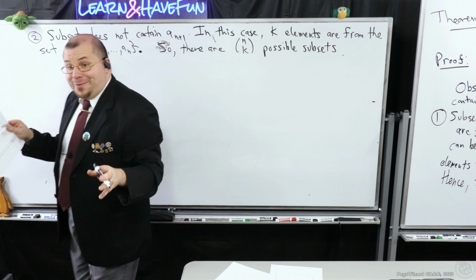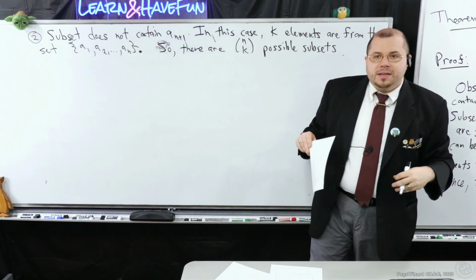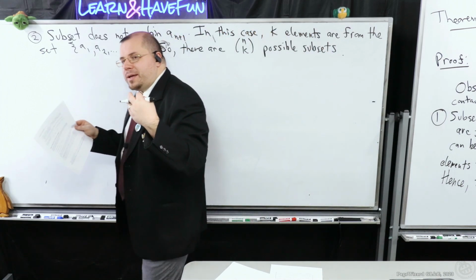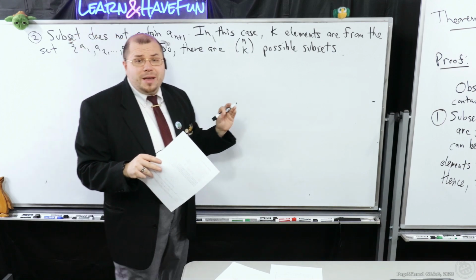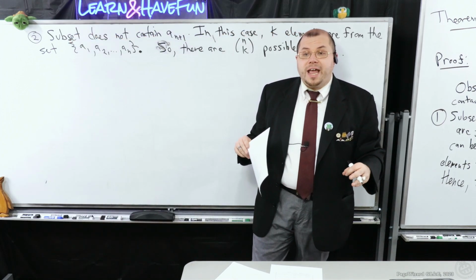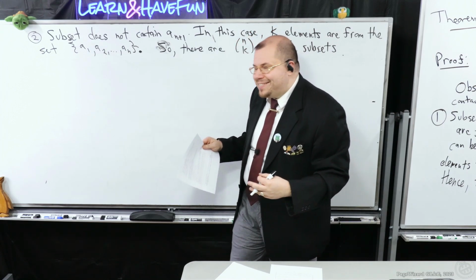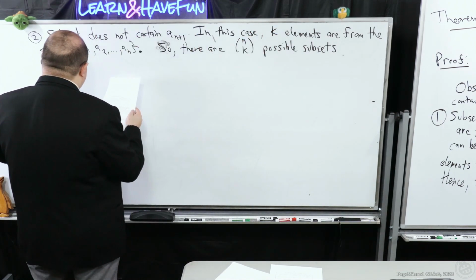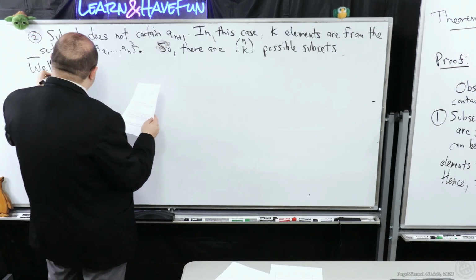Well, now, let's establish the left-hand side of Pascal's formula. Okay, we have n plus 1, gotta be careful here. We have n plus 1 many elements. We choose k of them, right? How many of those are there? Well, that counts the two cases.